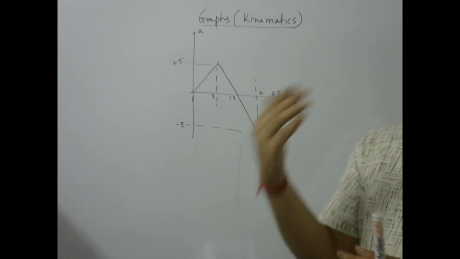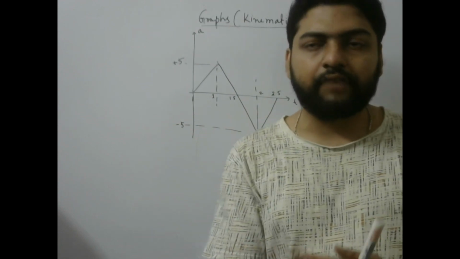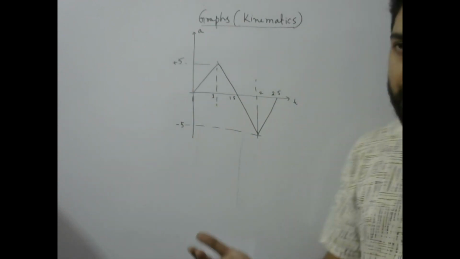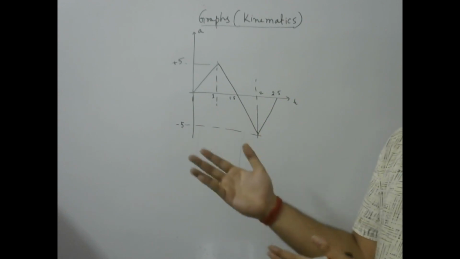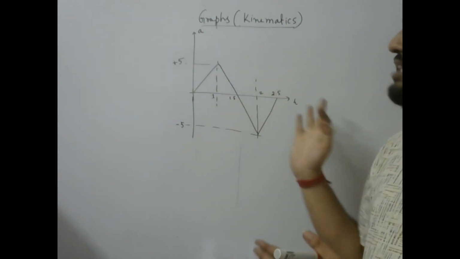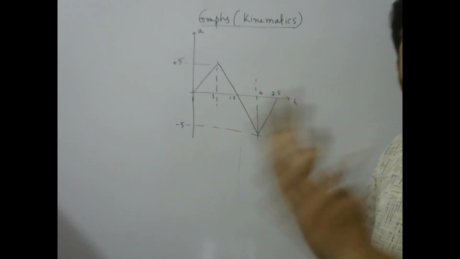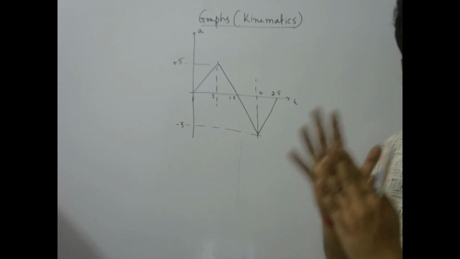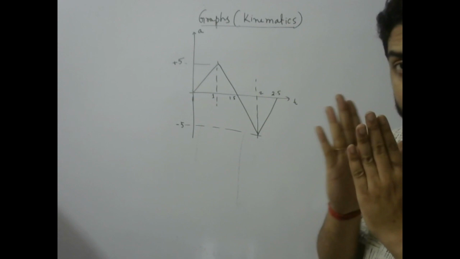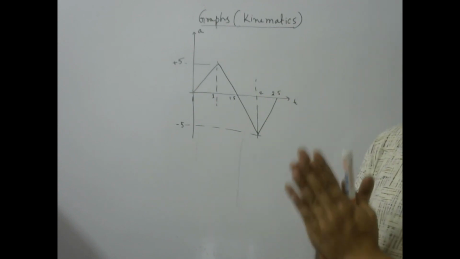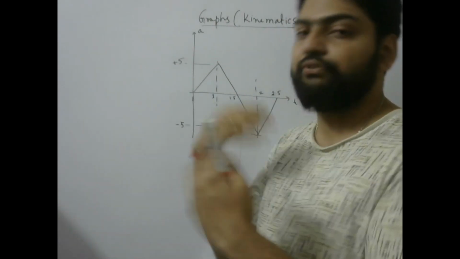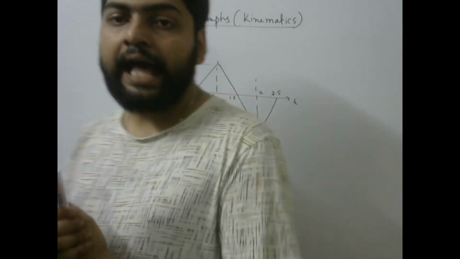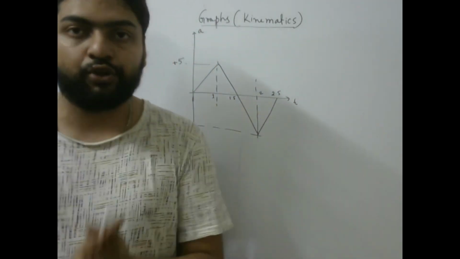If the problem statement asks for the rate of change of acceleration, then you can do that. Otherwise, mostly from the acceleration time graph it is important to calculate the area under the graph, which gives you the change in velocity, not the velocity. Some initial velocity will be mentioned and they will ask you what the final velocity is.